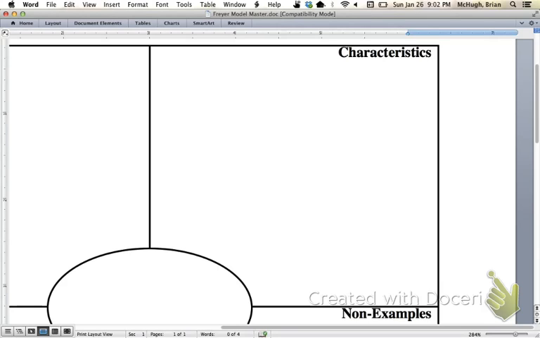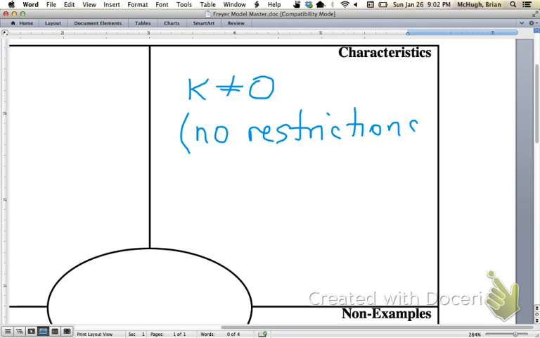The only rule for a power function written in this form is that k can't equal 0, which would make the entire function equal 0. So as long as that doesn't happen, there are no restrictions on the exponent. And that's what sets a power function apart from a monomial function. No restrictions on n, the power.